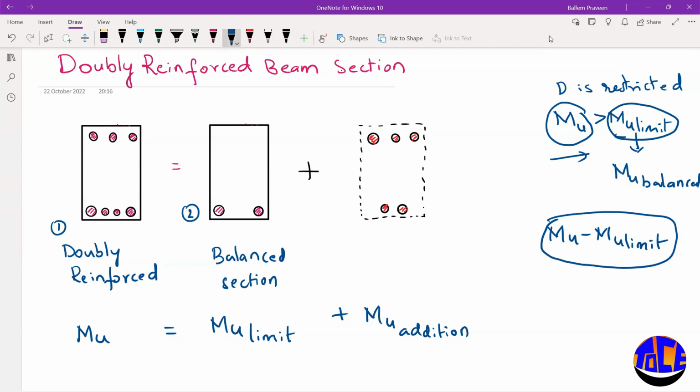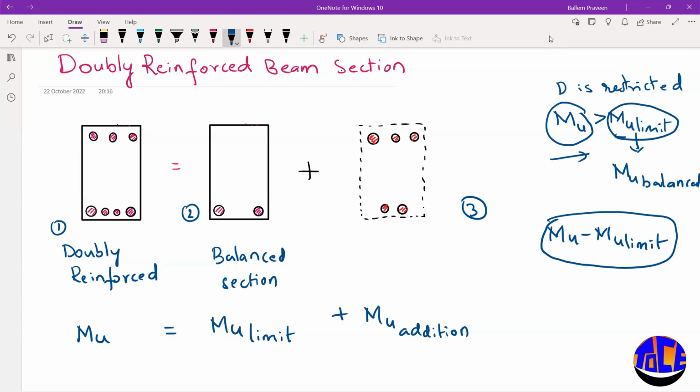So that means we are designing a balanced section for the Mu limit value, like a singly reinforced beam section. Balanced section ante singly reinforced beam section e kada, and for the additional moment we are providing extra steel. So in the third diagram, I have drawn the diagram with a dash line.